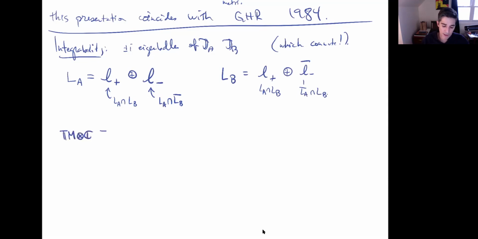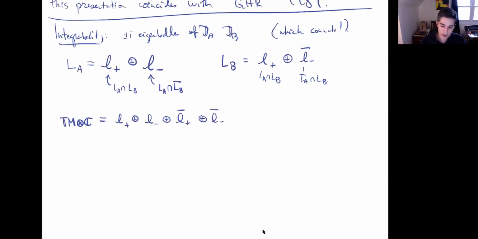So in total, this complexified big bundle is going to be a sum of 4 spaces, because there's 2 possibilities for the eigenvalue. So it's 2 to the 2. It's 4 possible eigenspaces. And for some reason, for me, A is always red. So this is LA. This is LA bar.